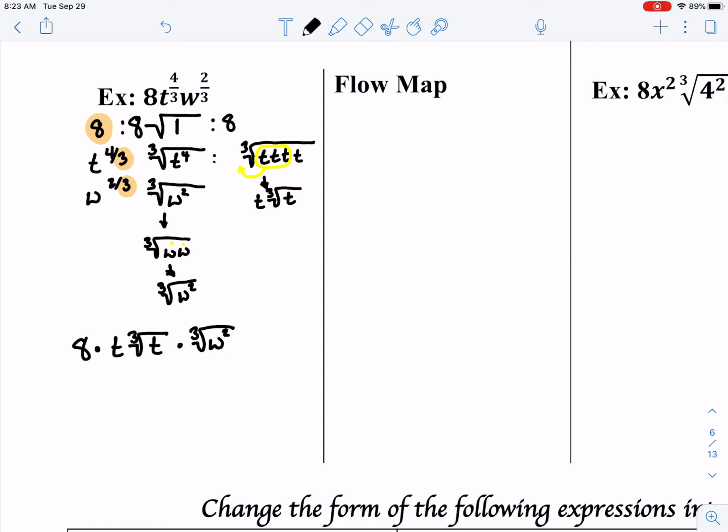And this goes back to like terms. So I'll have a t outside. I have 2 cube roots, so I'm going to simplify to make it 1 cube root of t w squared.